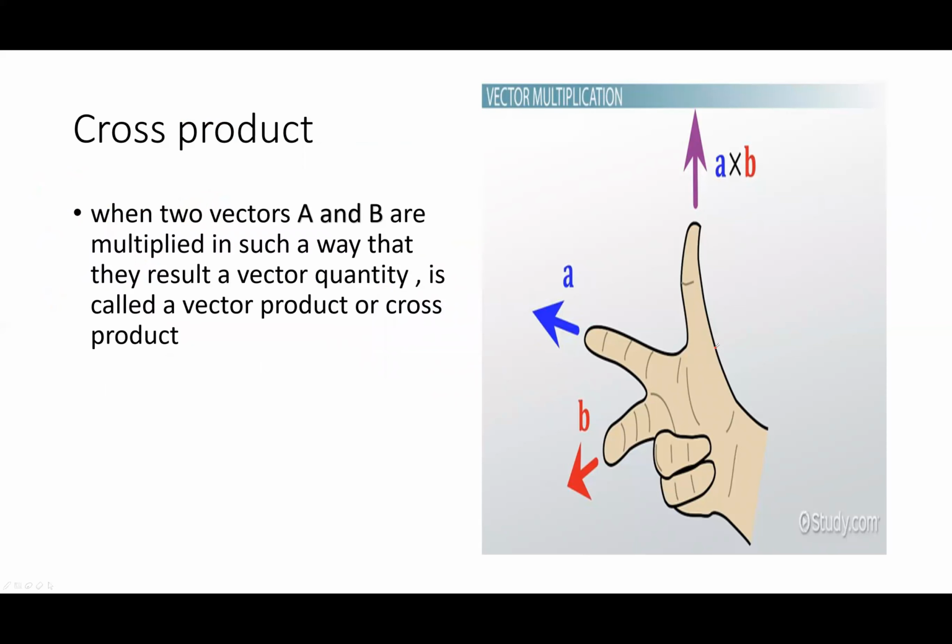Now cross product. When two vectors A and B are multiplied in such a way that they result in a vector quantity, it is called a vector product or cross product. Keep this finger in the direction of vector A, the first vector, and this one in the direction of vector B. The thumb will show the direction of the resultant vector.